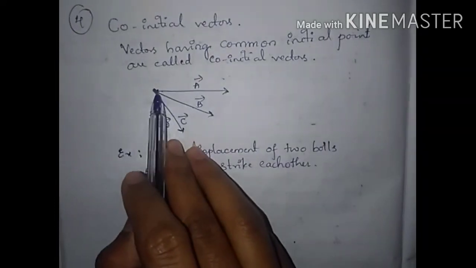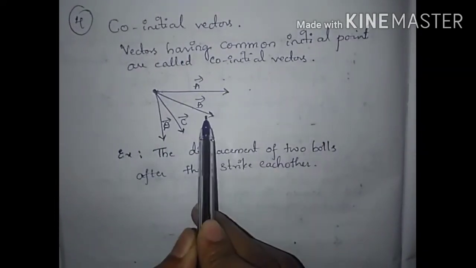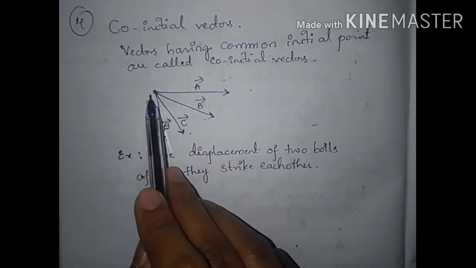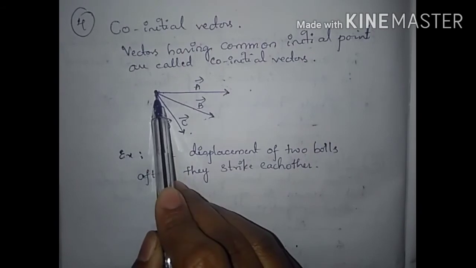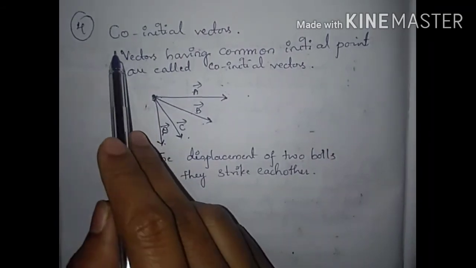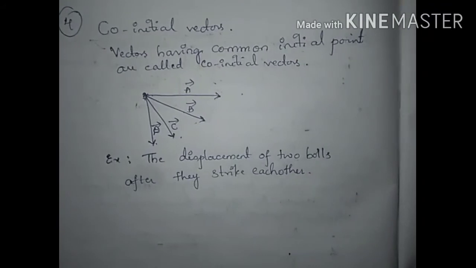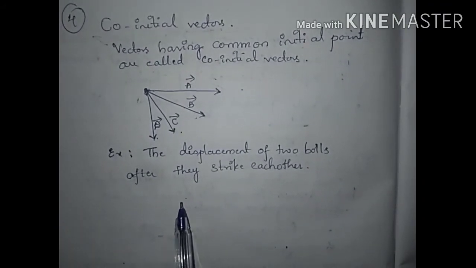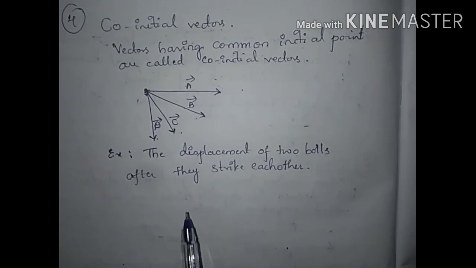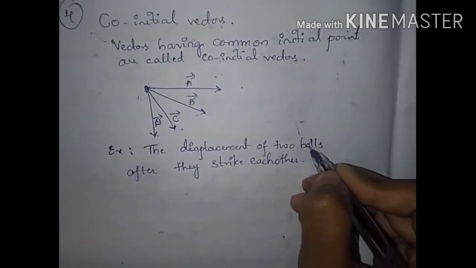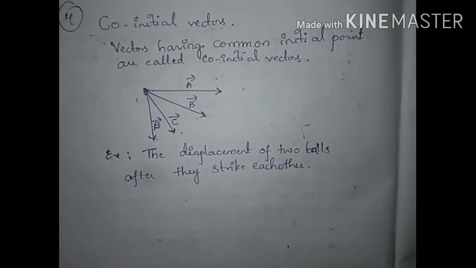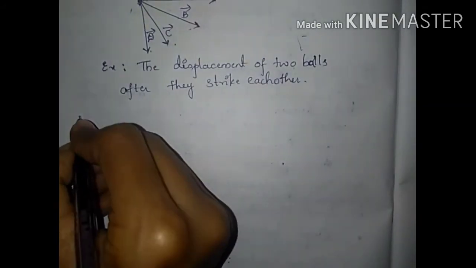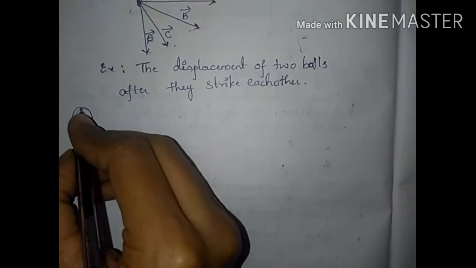The vectors having the common initial point. So this is vector A, vector B, vector C and vector D. All these four vectors have the same initial point, hence they are known as coinitial vectors. The example given here is the displacement of two balls after they strike each other. This is a coinitial vector.